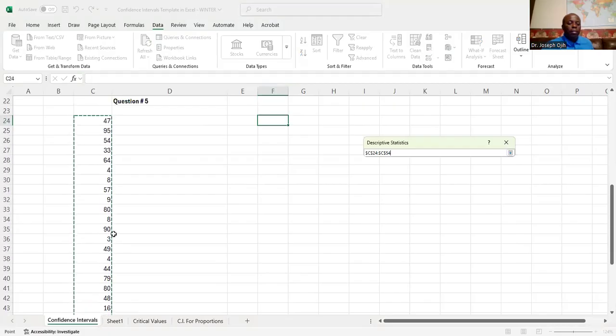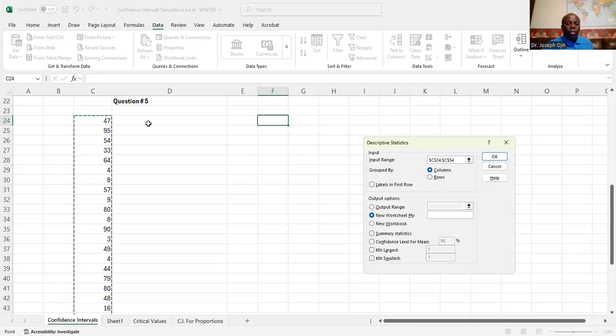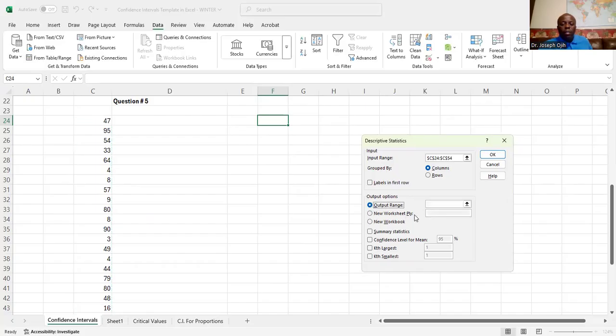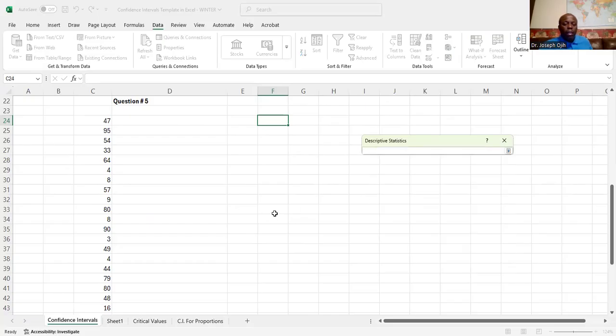Then it's in columns, so if it's arranged horizontally in rows, you can choose rows, but this one is in columns. Now you don't have any title for it, so just leave the labels blank. And for output range, I'm going to choose here by the side. I'm going to put it right here.